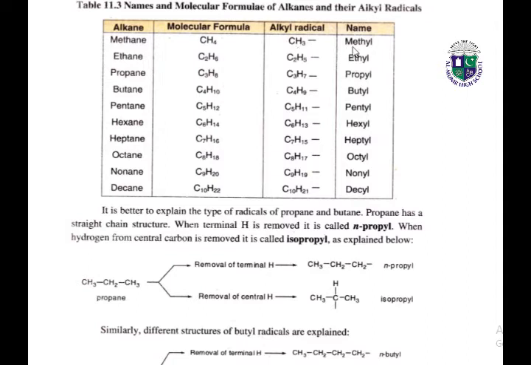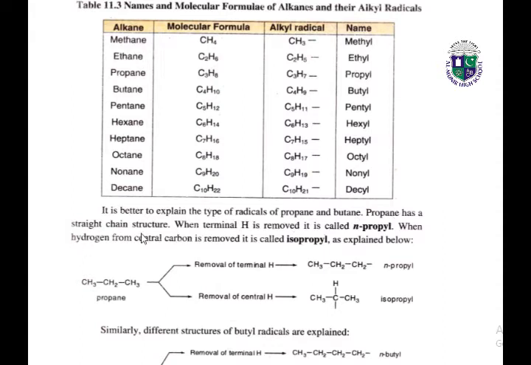Now its name will be methyl. Same like ethane, its molecular formula is C2H6. If we remove one hydrogen atom, then it will form the alkyl radical C2H5 and its name is ethyl. So on. It is better to explain the types of radicals of propane or butane.